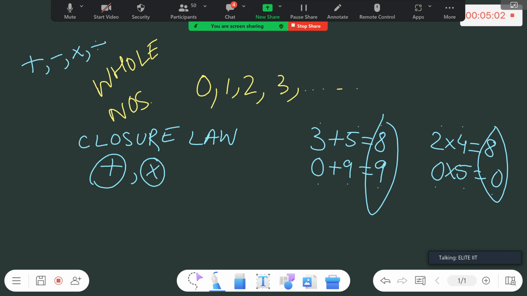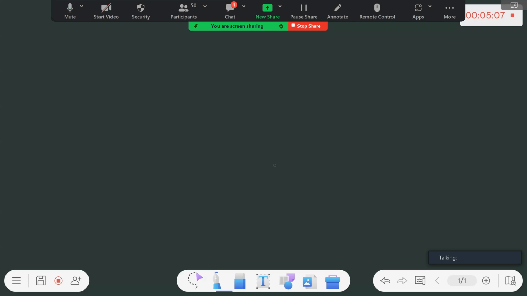Next, commutative law. What is commutative law? Again this will hold only for addition and multiplication. If I give you 2 plus 9, this is 11.